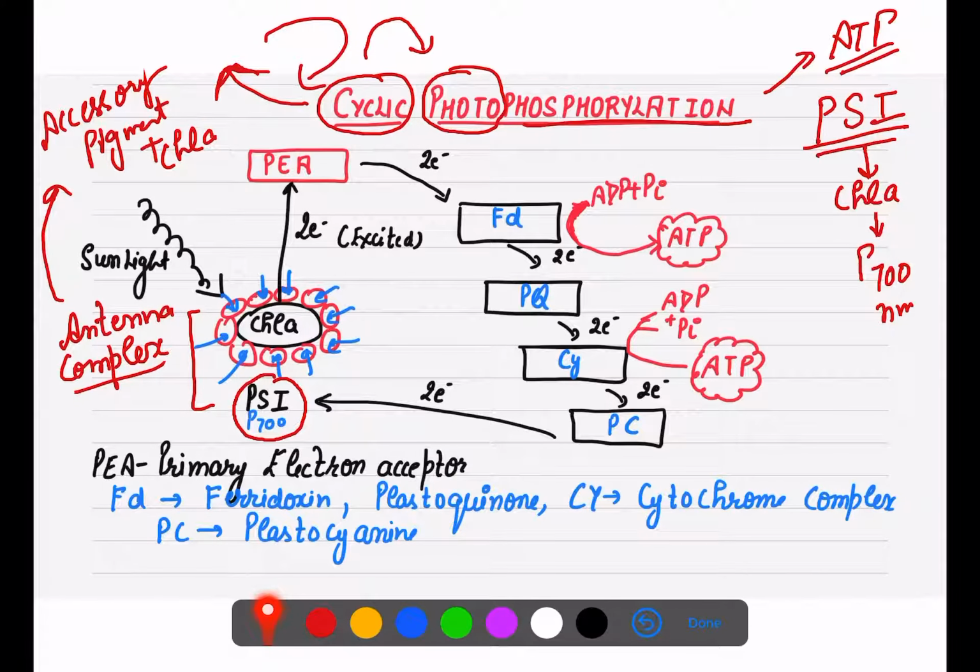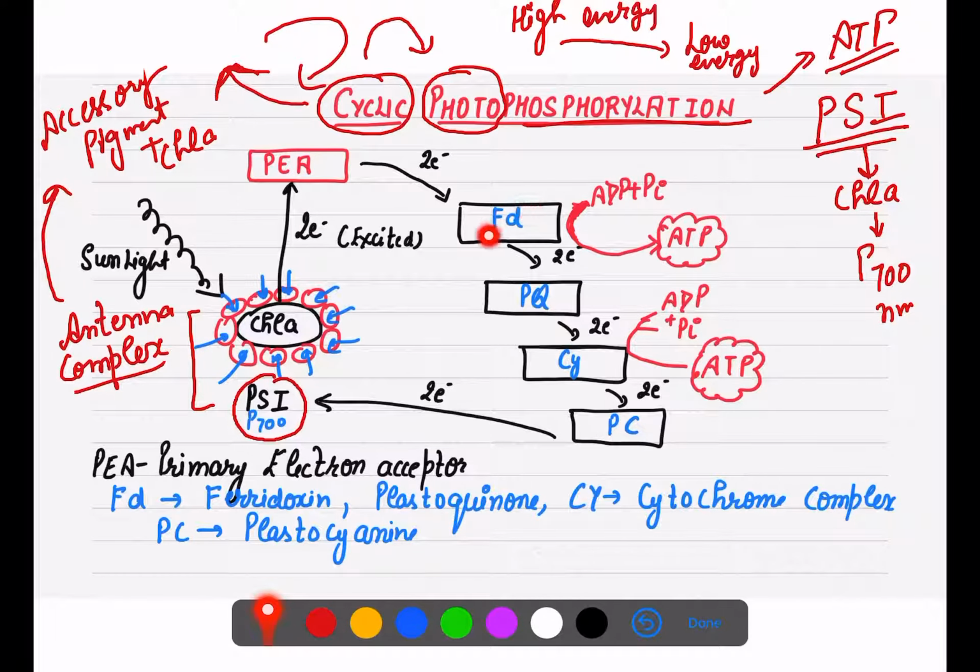Now you know that when these electrons are at a higher energy level, they come back to the lower energy level. Same thing is happening here: the electrons received by the primary electron acceptor come back from higher energy level to lower energy level. So they flow through an electron transport chain. Now what does this chain consist of?